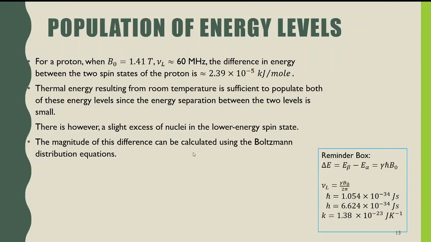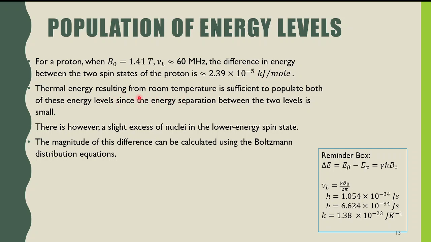So let's talk about population of energy levels. Suppose that you have this proton and the applied magnetic field is 1.41 Tesla, and if you calculate the Larmor frequency, that's about 60 megahertz. The energy difference is 2.39 times 10 to the power minus 5 kilojoules per mole.